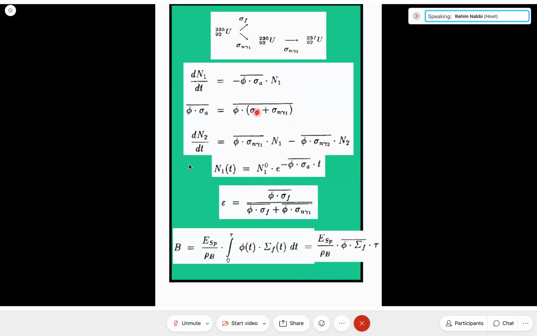For this reason, everywhere you find the product of phi and cross-section, the mean value for this product is needed everywhere. For this reason, you see the bar at the top, because it is the mean value. Here for F and for capture or absorption.